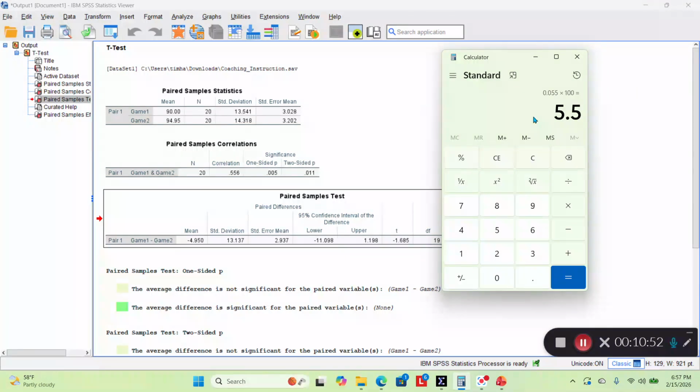Okay, so going into our conclusion, it says a paired sample t-test was conducted to compare bowling scores before and after receiving coaching instruction and coaching tips.